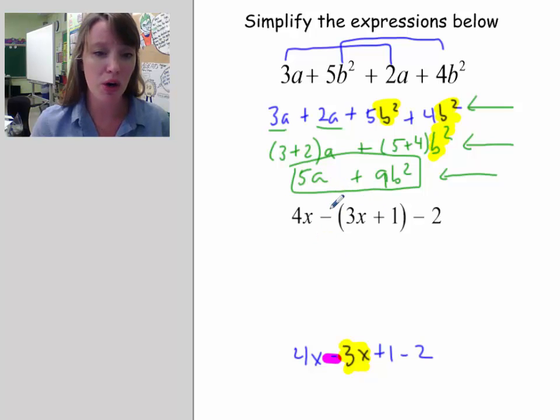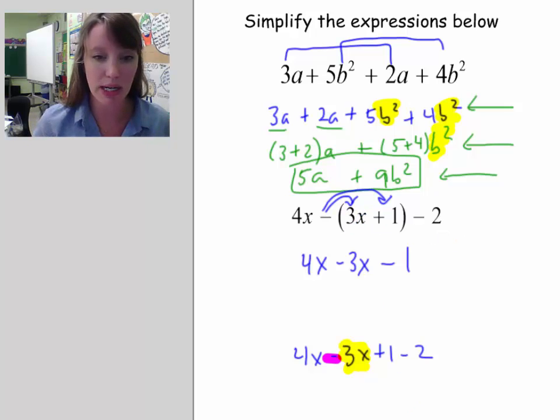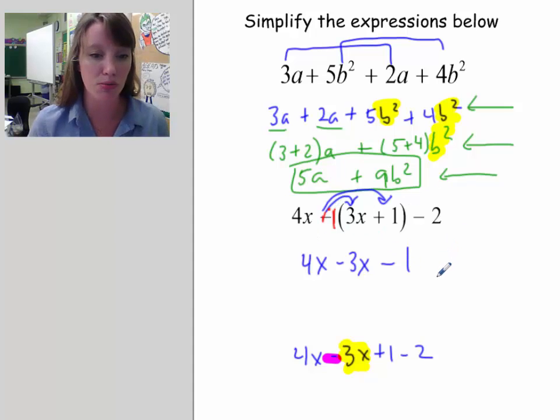Think of it: you're taking 4x and subtracting 3x and subtracting 1. Another way of looking at it is you're taking a negative 1 on the outside. Think of subtracting as keep, change, like multiplying a negative 1 through to both the terms.